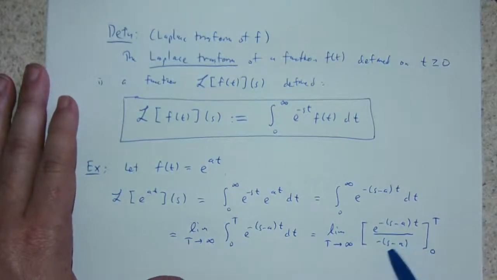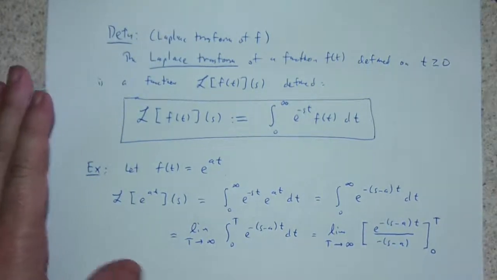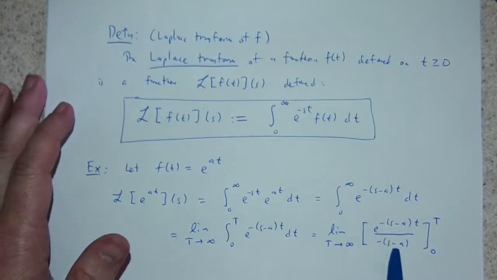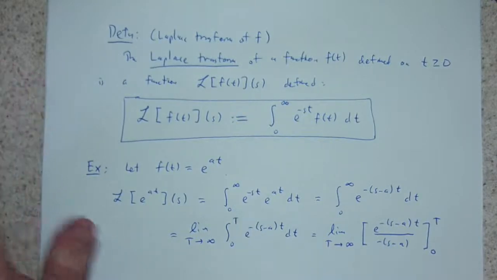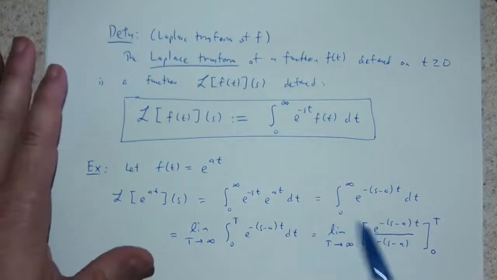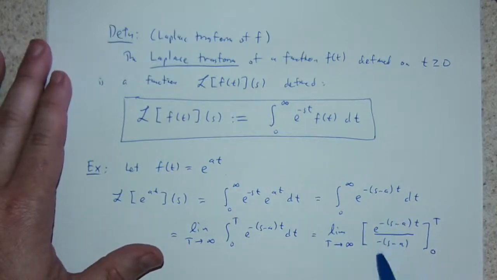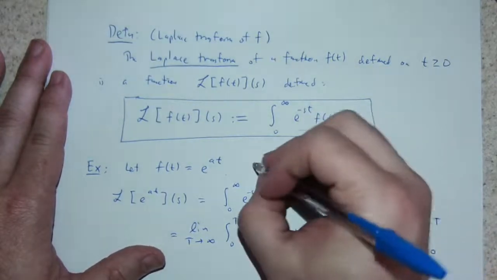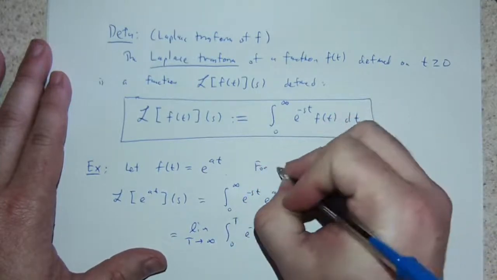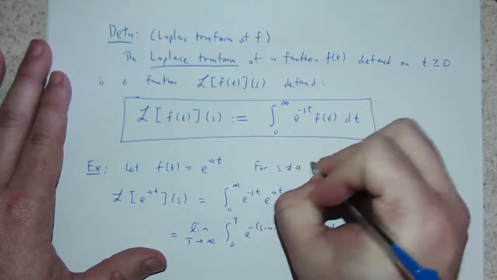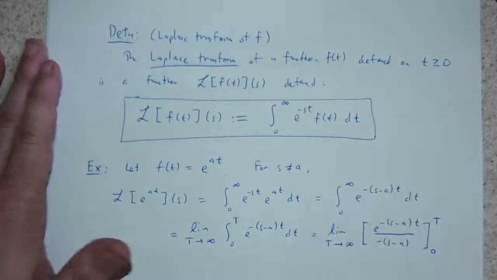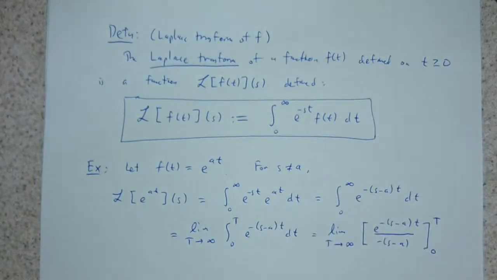Now, because we're dividing by this s minus a, I really am going to want to do this when s is not equal to a, or else when I divide by this, I'm going to get nonsense, right? This is not going to be nice. So I really am doing this computation for s not equal to a. All right, that's just to make sure that that works.